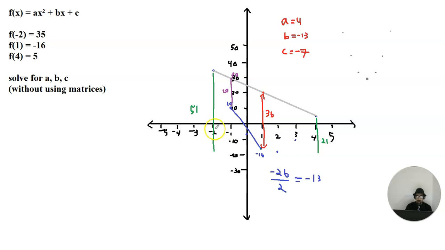To go from 1 to negative 2, we'd be closing the gap by 9, 3 squared. This distance between those gaps, difference between 4 and 9, that would be a 5, right? So if a were 1, this gap would be a 5. Instead, it's a 20. It's 4 times what it would be if a were 1. So a is going to be 4.